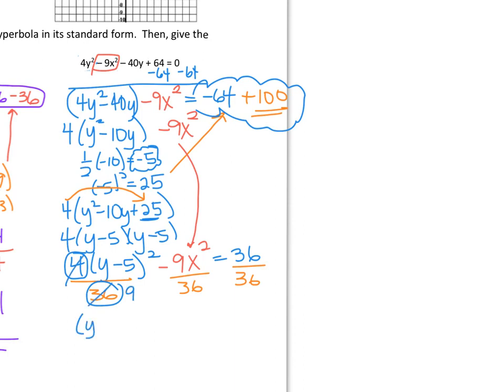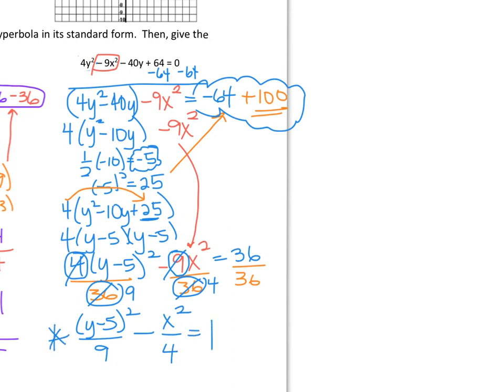And that gives us y minus 5 squared over 9, minus the 9 that's in front of x squared over the 36. 9 goes into 36 4 times. And that gives us x squared over 4. On the right, once again, we get 1.